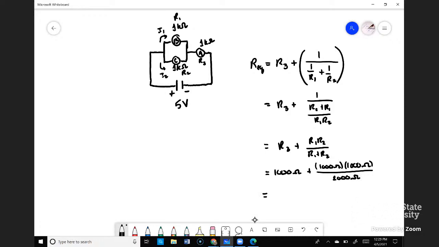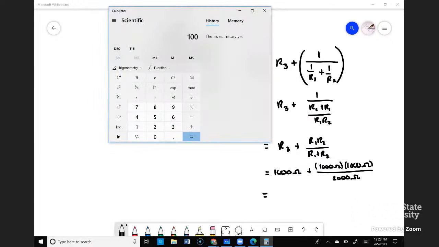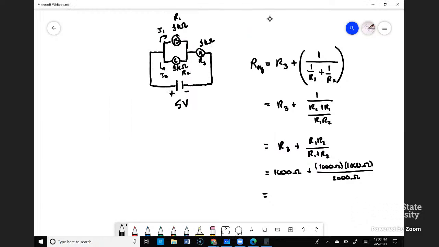And so calculating 1,000 ohms times 1,000 ohms divided by 2,000 ohms plus 1,000 ohms is 1,500 ohms. So the equivalent resistance in the entire circuit is 1,500 ohms.